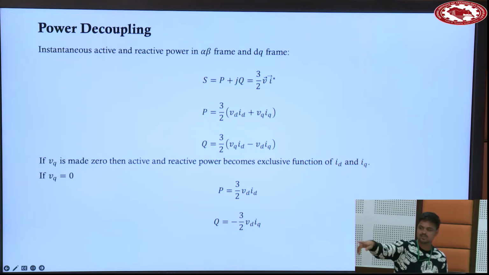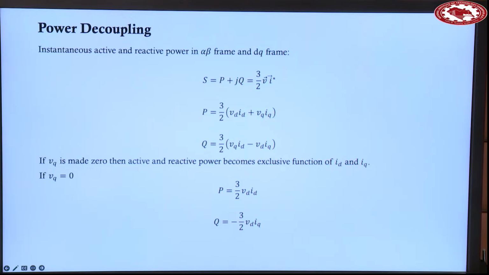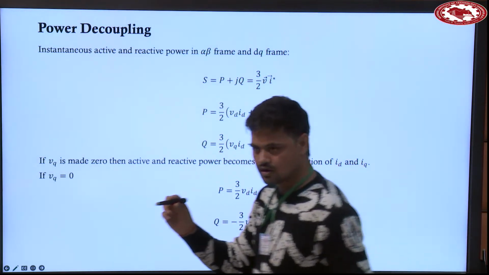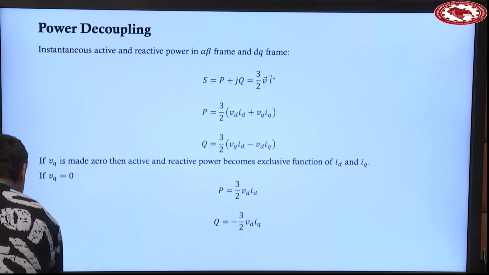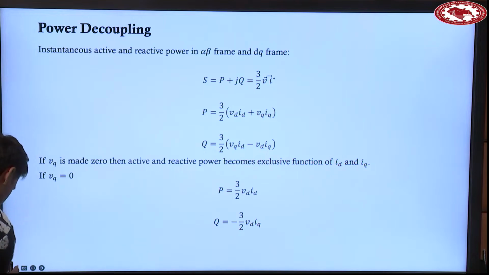If you write this PQ equation in matrix form, it will be PQ, then the matrix with first row VD VQ, second row VQ minus VD, and then ID IQ. Are you getting it?